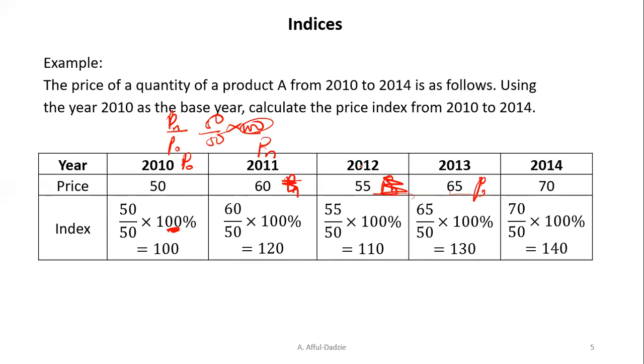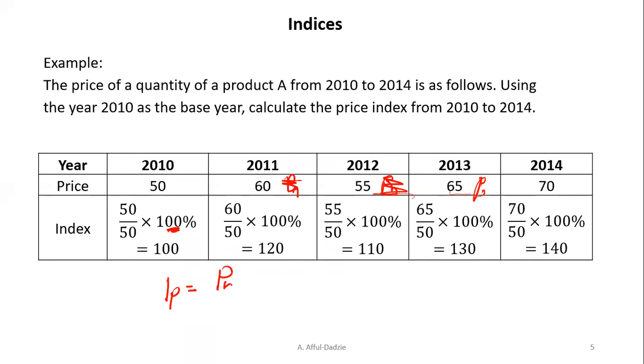If we come to 2012, it is 55, so 55 over 50 times 100 gives us 110. This applies to all the other periods. You notice that we compare each period to the base period. That gives us the general understanding for computing price indices.